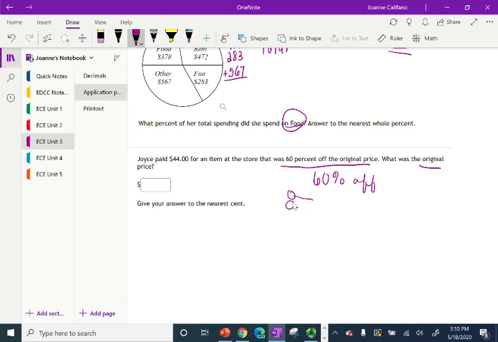All right, I'm going to cut that price off. That means she's paying 40% of the original price. That is her new price.